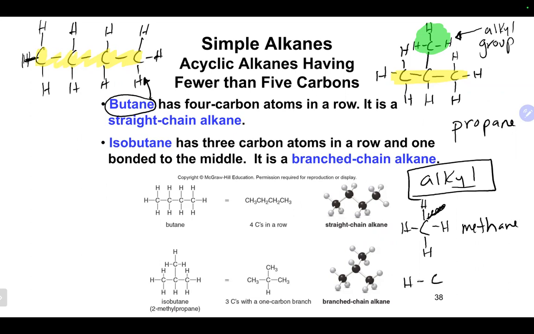And that 1 less hydrogen gives it a place where it can attach, for example, right here, into that main chain and still maintain only 4 bonds. So alkyl groups that are there are really those alkanes that we saw there, methane, ethane, propane. They are those guys missing one hydrogen so that it can bond into the main chain.